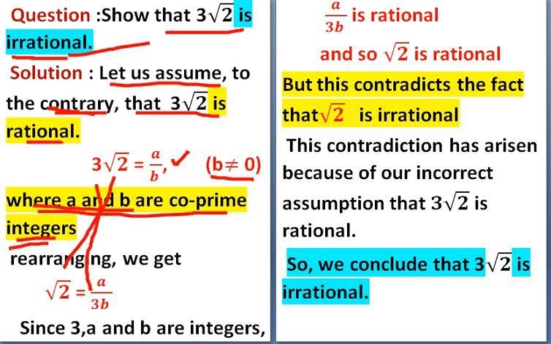Root 2 equal to a by 3b. Since a and b are integers given, and you know that 3 becomes integers, and you know integers by integers, multiplication or divide, we get rationals.